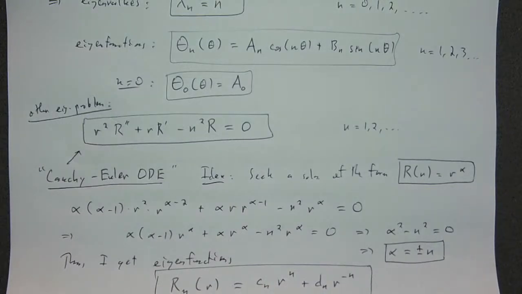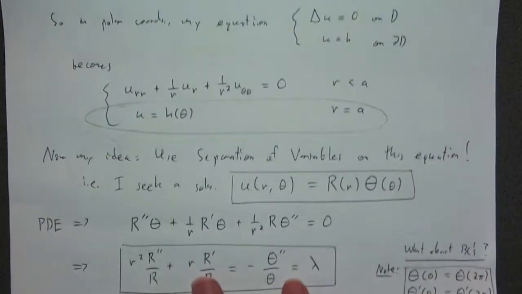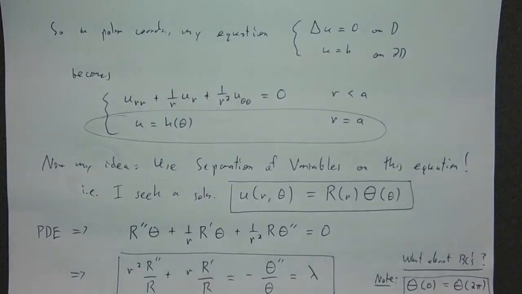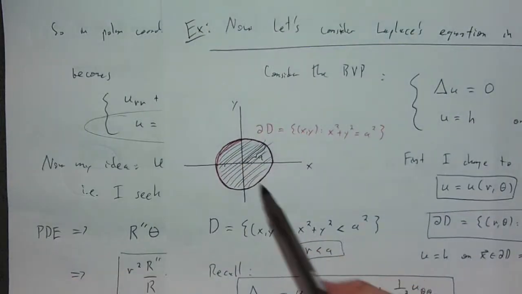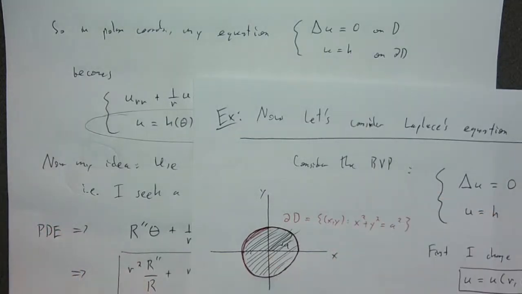Now, let's go back to our problem that we're looking at, and let's think whether or not these things make sense. What do we want to happen? So we're not excluding the origin here on this disk, right? We want it to be at least continuous at 0.